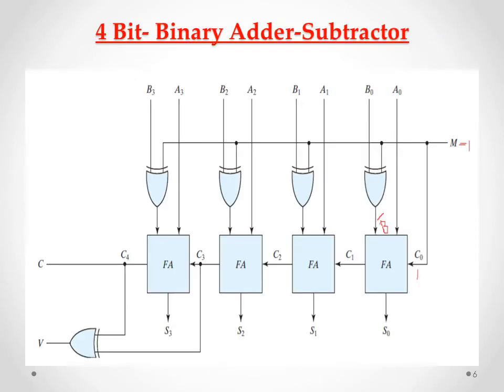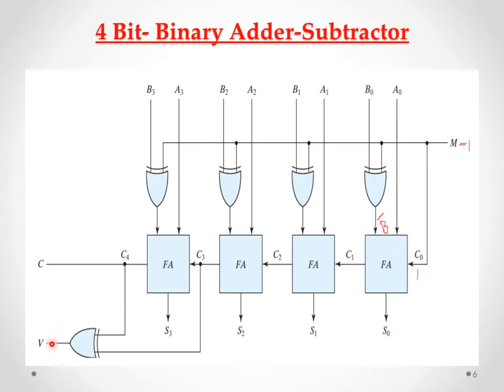When M is equal to 1, the circuit acts as a subtractor. At this point, when M is equal to 1, we get the complement of B, that is, the output at this location is the 1's complement of B. This 1's complement value is added with 1 to get the 2's complement answer. So now the full adder will perform A plus the 2's complement of B. So it acts as a subtractor.